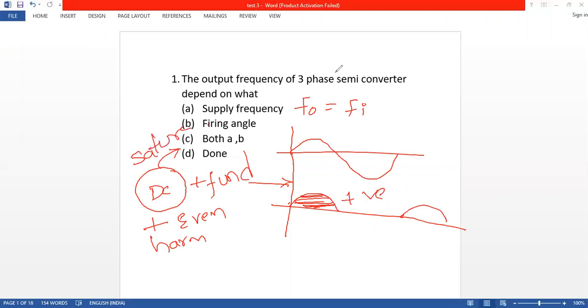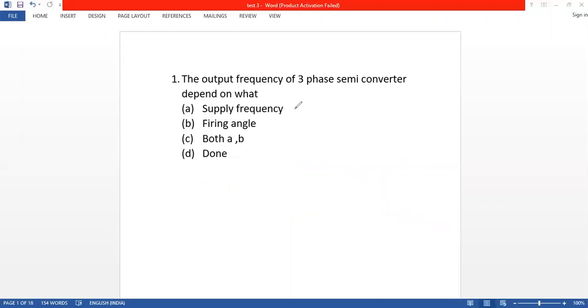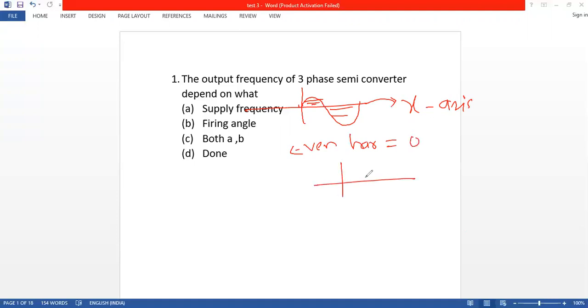First of all, before telling you about saturation, observe here. If a waveform is symmetrical with respect to the x-axis, then you know even harmonics are 0. Example, take this case. This is symmetrical with respect to the x-axis, so even harmonics are 0.